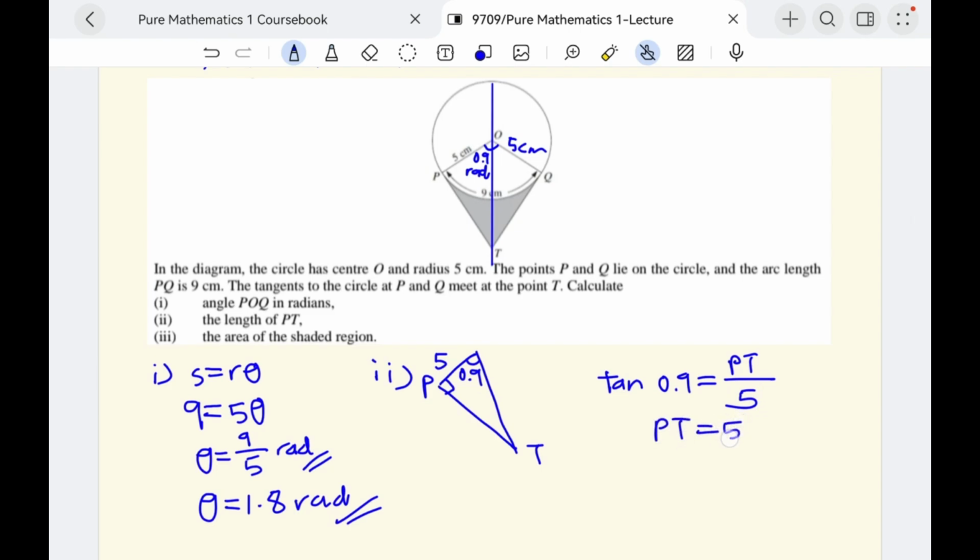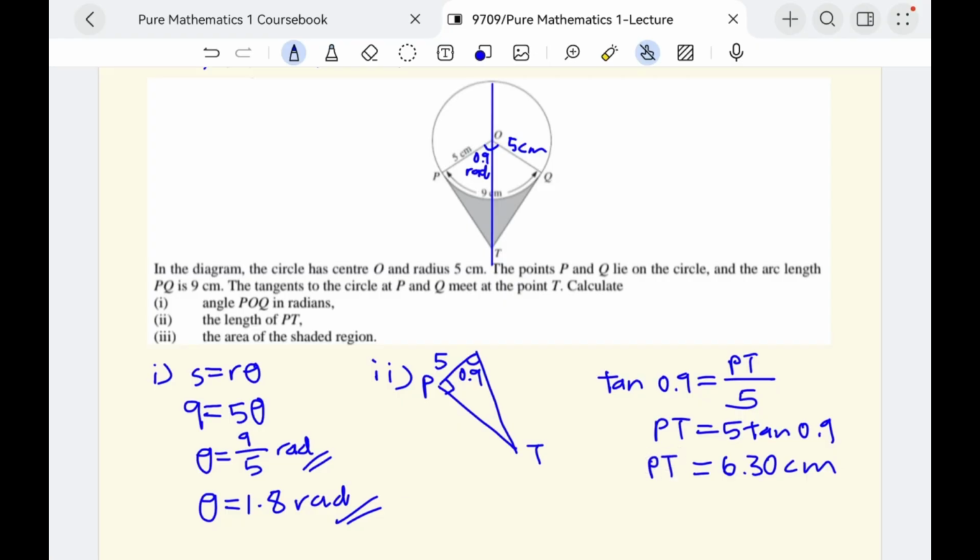So PT equals 5 tan 0.9 rad. Remember to set your calculator to radian mode. So you have 5 tan 0.9, you will get 6.30 cm.